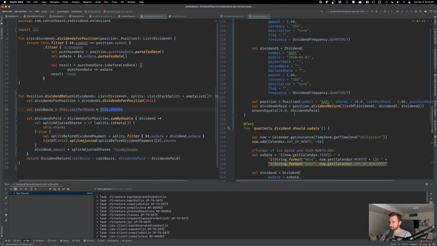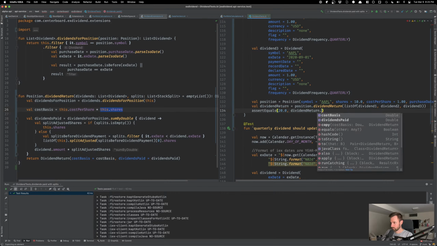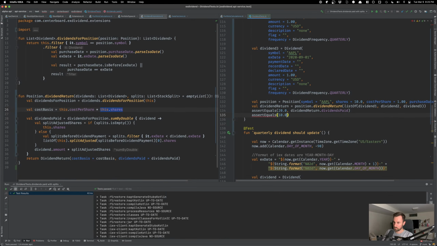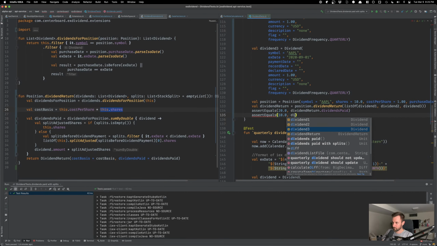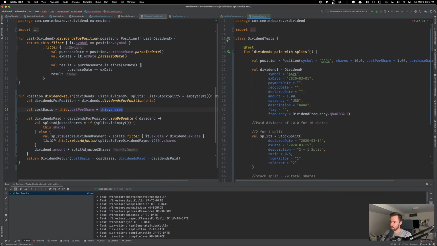And the same thing here. Dividends paid 10. Cost basis.